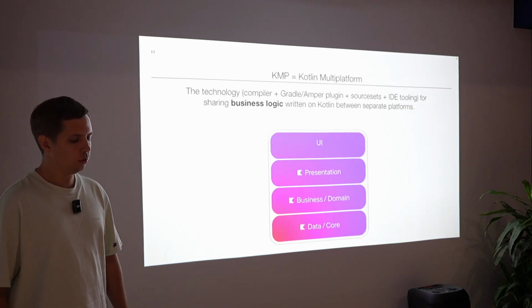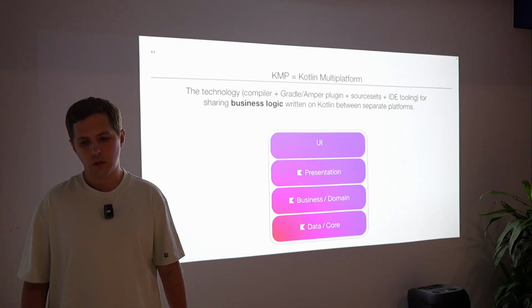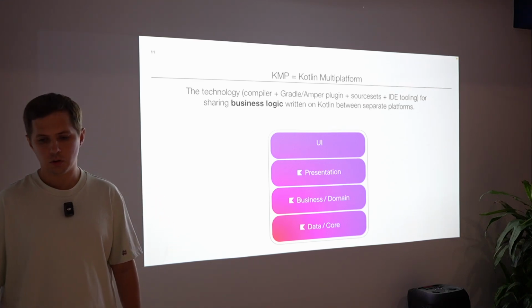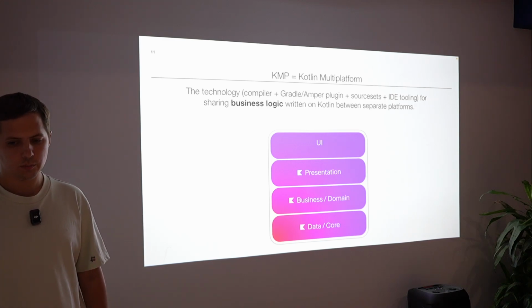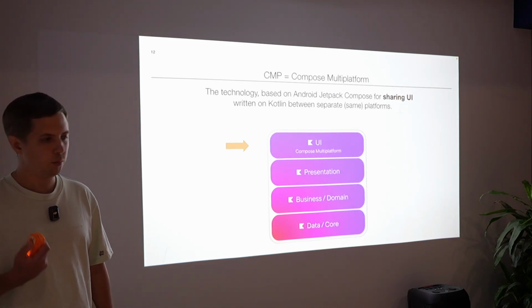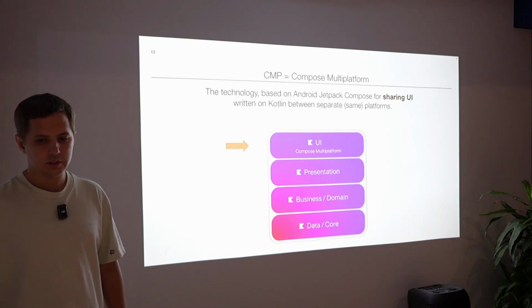And if we are looking at the application in layers, we are talking here about 3 layers of 4. So we are not talking about sharing UI with Kotlin multiplatform, but we will talk about sharing the UI with Compose multiplatform, which we will also name KMP.